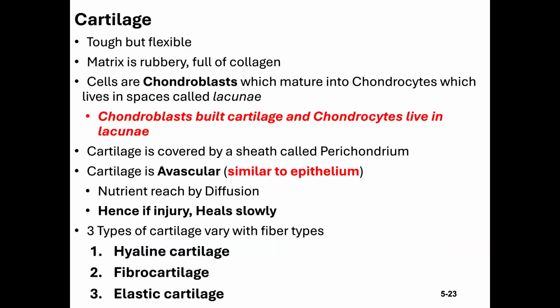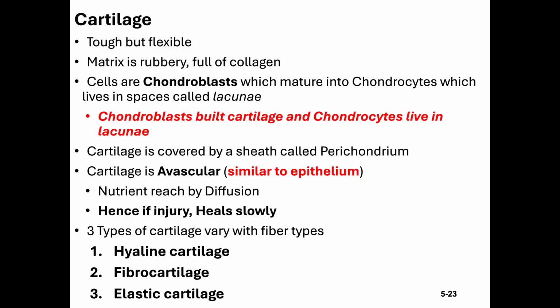Let's move on to cartilage. Again, connective tissue. Tough, but flexible. Can you touch your ear? This is cartilage. It is tough, but it is flexible, full of collagen. And what are the cells that produce cartilage? Chondroblasts. Anything which is chondro is cartilage.